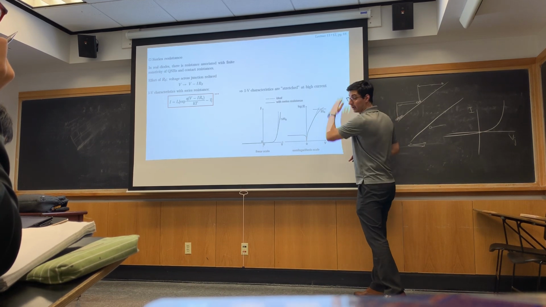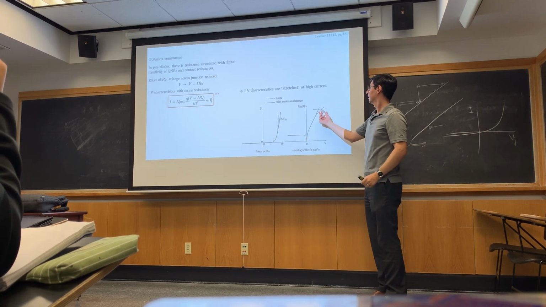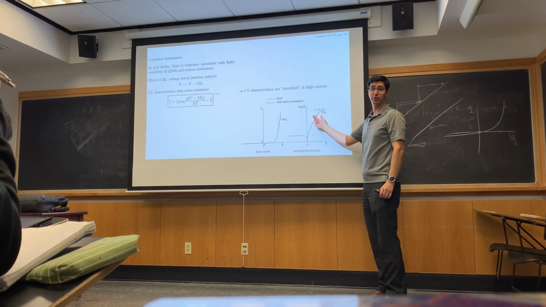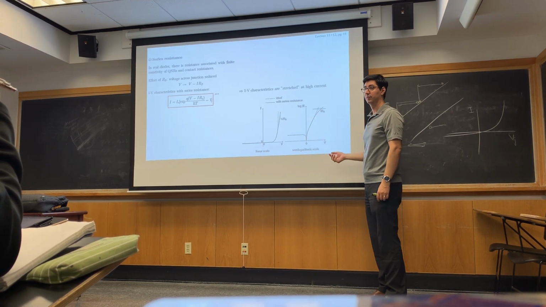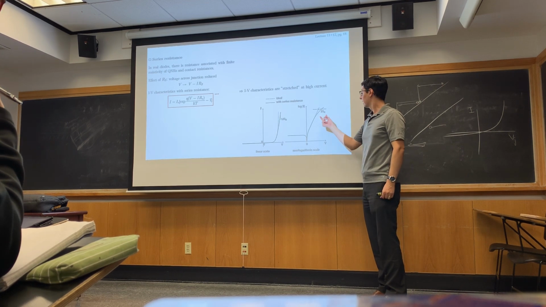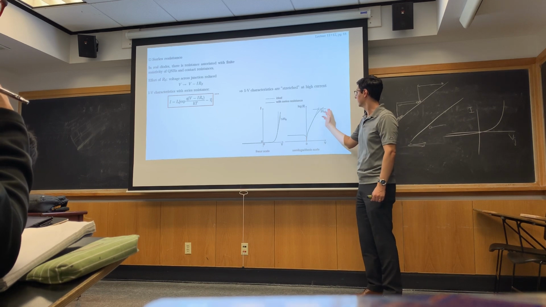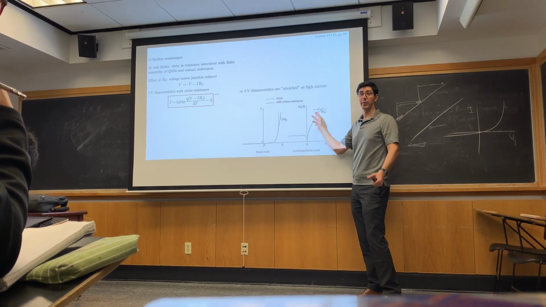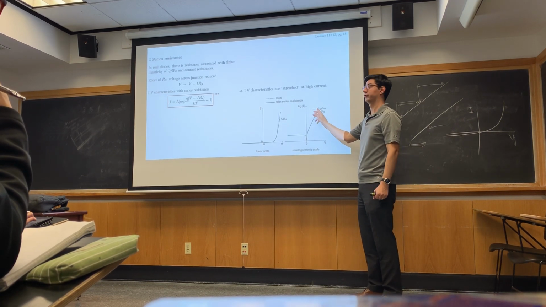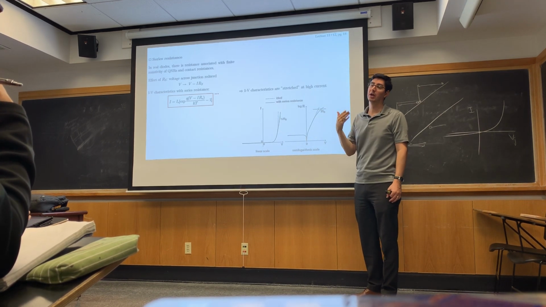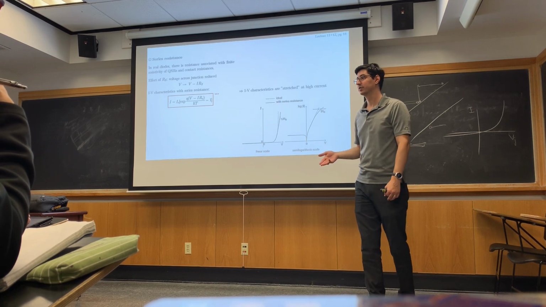This IRS, that voltage drop across my series resistor: if RS is 0, then I have 0 voltage drop across that, and I move back to this line. As my RS becomes larger and larger, it's going to bend my curve more and more. Why? Because now I have to apply a larger voltage.